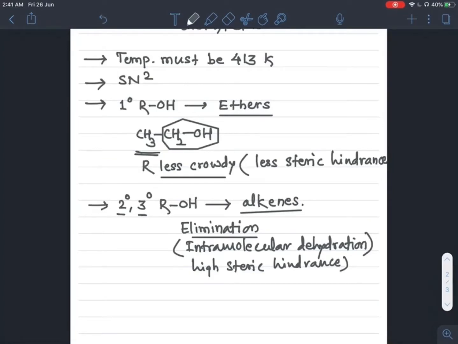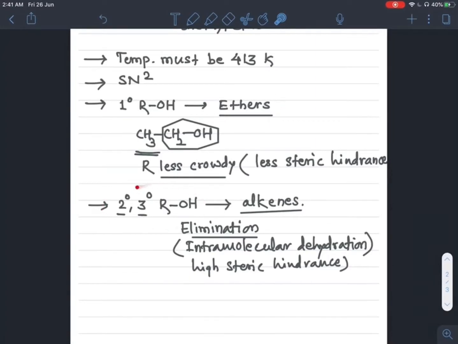So these are the most important conditions which, when maintained, then only we get the corresponding ethers. First condition: temperature must be 413 Kelvin. Second: SN2 reaction mechanism is followed. Third: alcohol must be primary, then only ethers are formed.